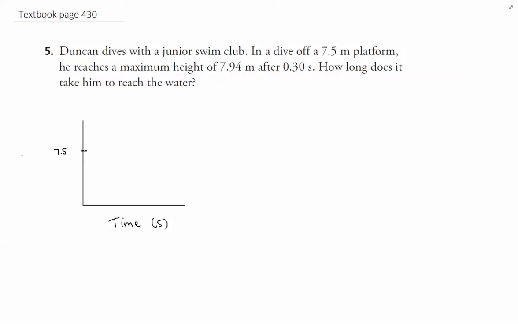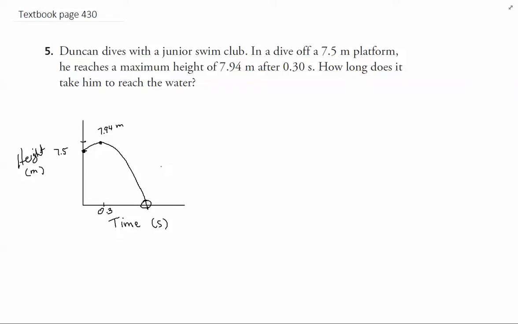That's our height, and it's in meters. And after 0.3 seconds, he hits a height of 7.94 meters. So we have this point, the maximum height, and what we are looking for is the zero.